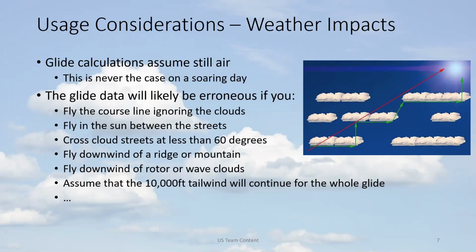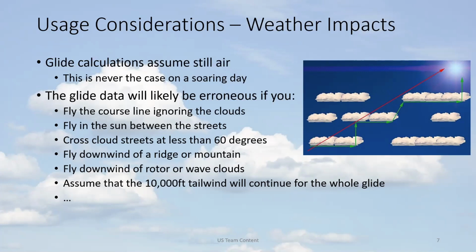But usually you're using the glide computer for the last 30 to 60 miles. And usually between where you are and the airport that you set off from. And if you look at the glide computer and point straight at the airport, it's very, very likely that you're not going to get there, even though the computer says you will.